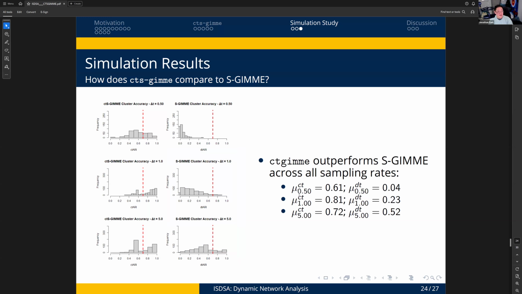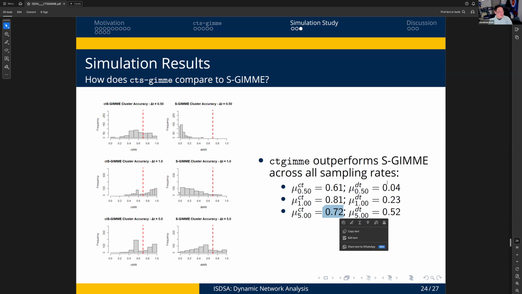However, the discrete time sgimme on average performs quite poorly across all of the sampling rates. If we are to look at the average ARI, or the average cluster quality, we see that at a 12-hour sampling rate, metaphorically speaking, we have an ARI of 0.61. At a delta t of 1, we have an ARI of 0.81, and at a 5 delta t, we have an ARI average of 0.72.